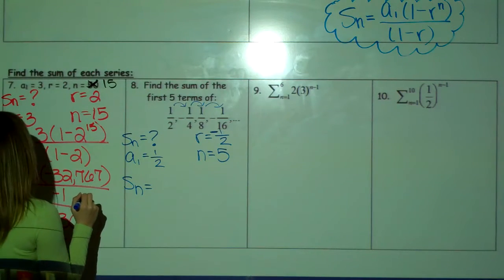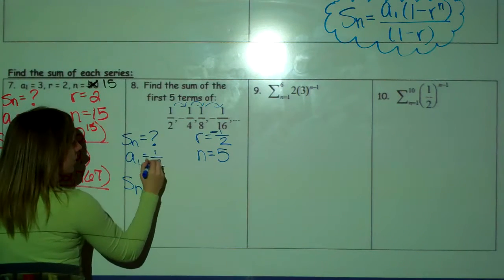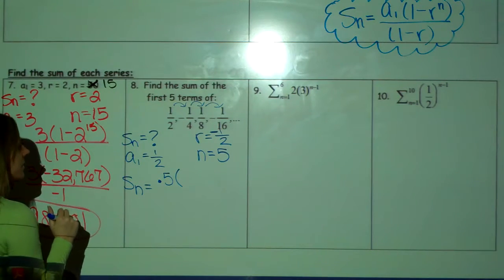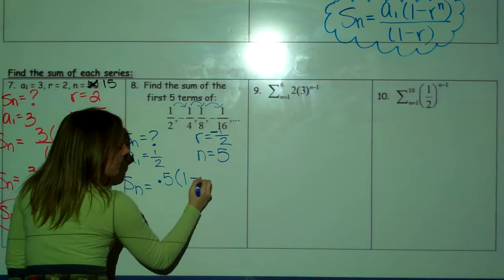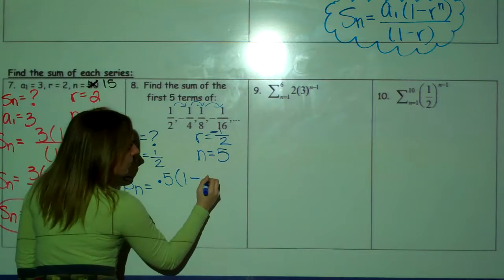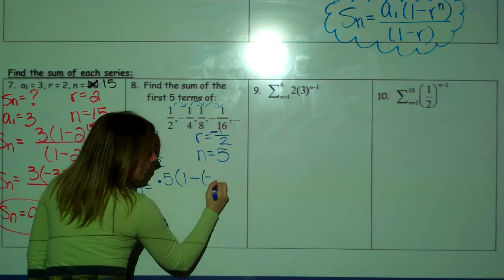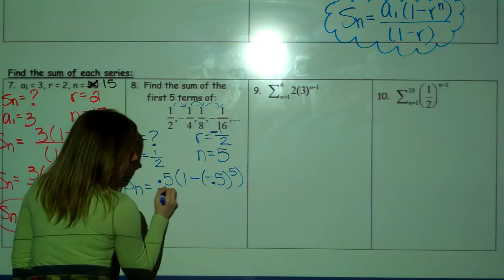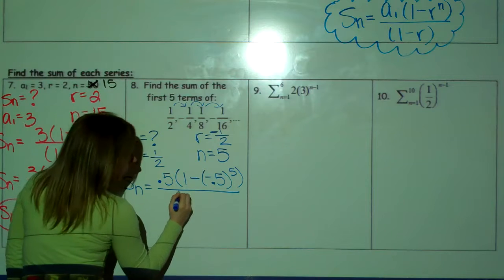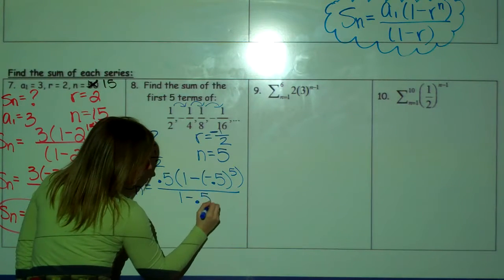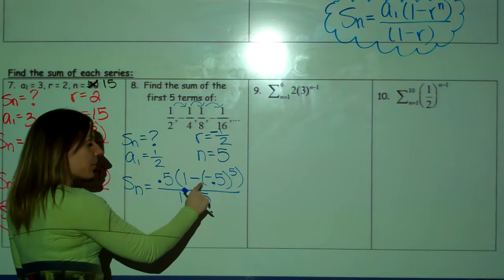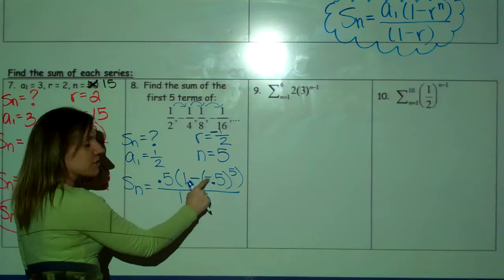So S sub n, the formula is the first term, which I'll say 0.5, that way it's a little bit easier to read, times 1 minus the ratio, which is negative 0.5 to the 5th power, over 1 minus the ratio, which is 0.5. I did this on purpose because this might not change, or it might.